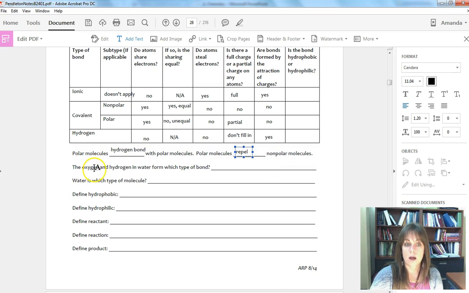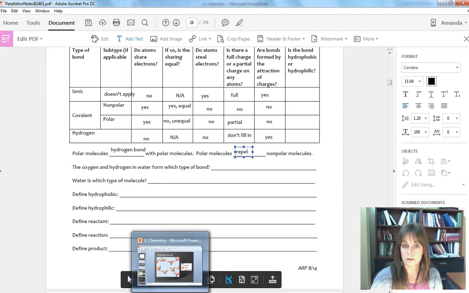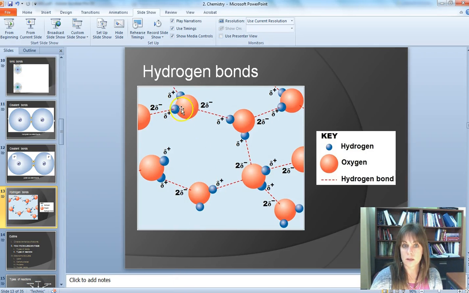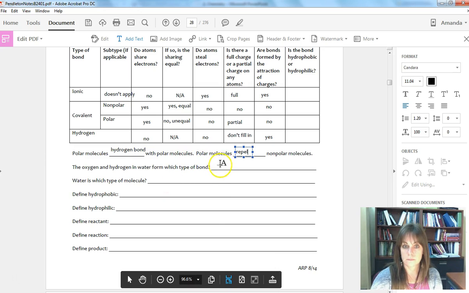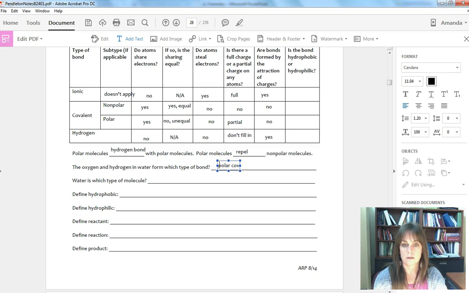So the oxygen and hydrogen in water, this and this, not the dotted red line, that's polar covalent. Which means that water, since it's forming a polar covalent bond, is a polar molecule.